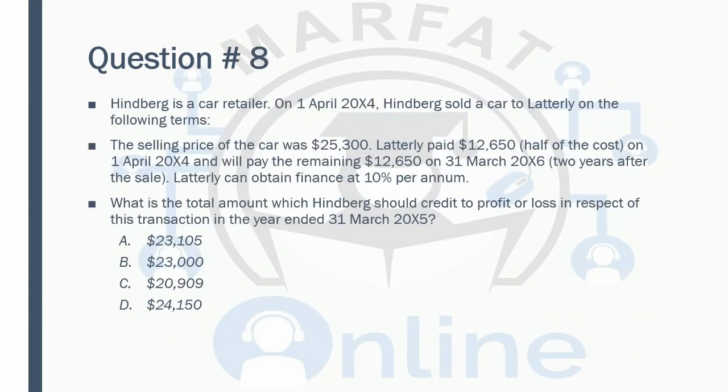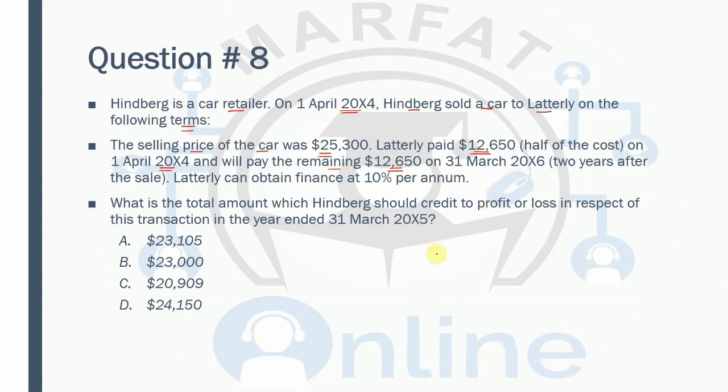All right, the last example which we are doing is Hindberg, a car retailer. On 1st April 2004, Hindberg sold a car to Latterley on the following terms. The selling price of the car was 25,300. Latterley paid 12,650 on 1st April 2004, that means on the same day, and will pay the remaining 12,650, which is a half payment, after 2 years.